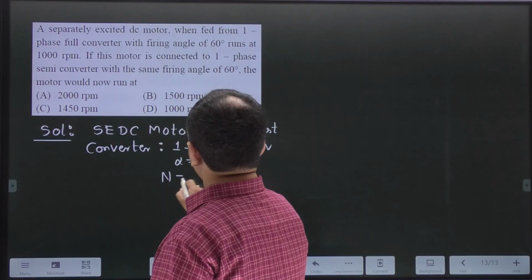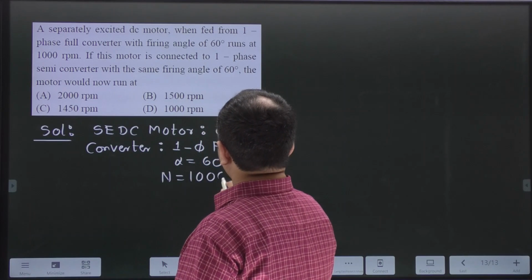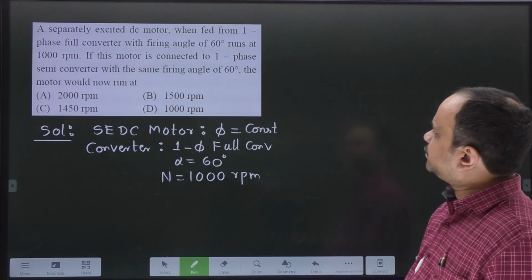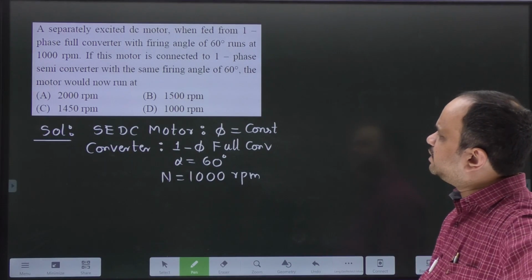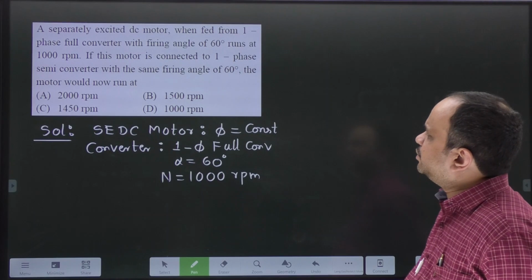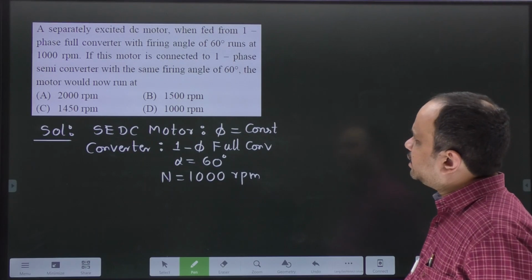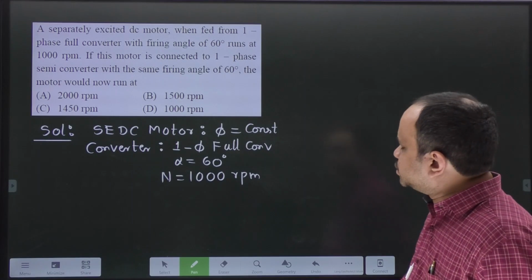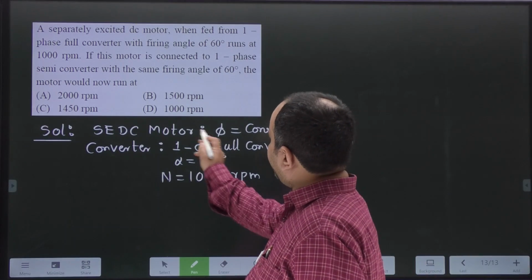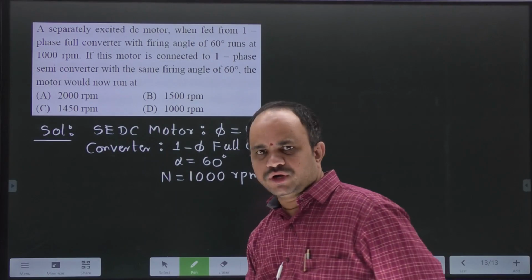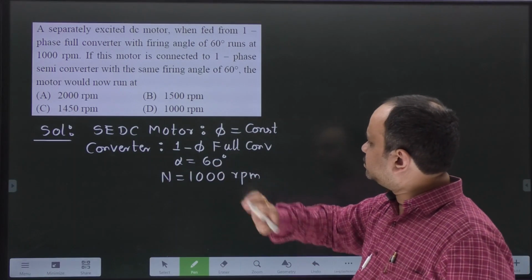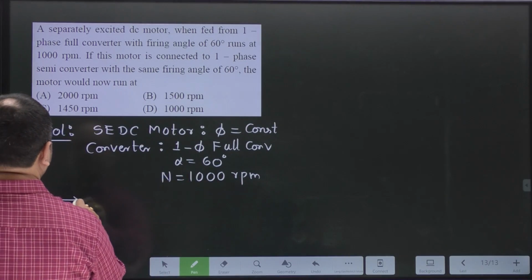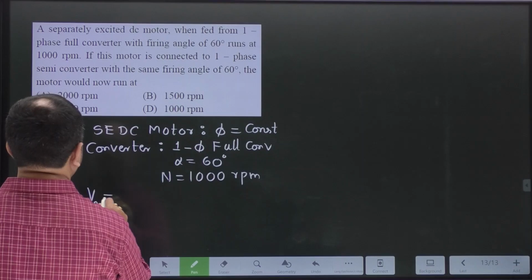Speed is equal to 1000 rpm. If this motor is connected to single phase semi converter with the same firing angle, what would be the speed of the motor? So when it is connected with a single phase full converter with alpha is equal to 60 degree, so first let us try to find out what is V0.